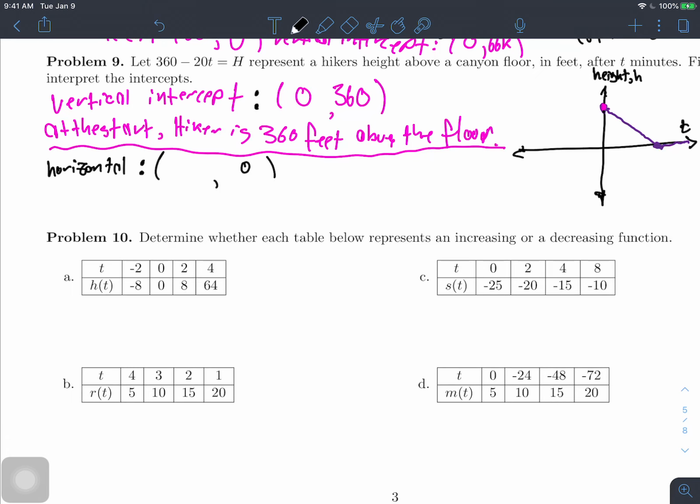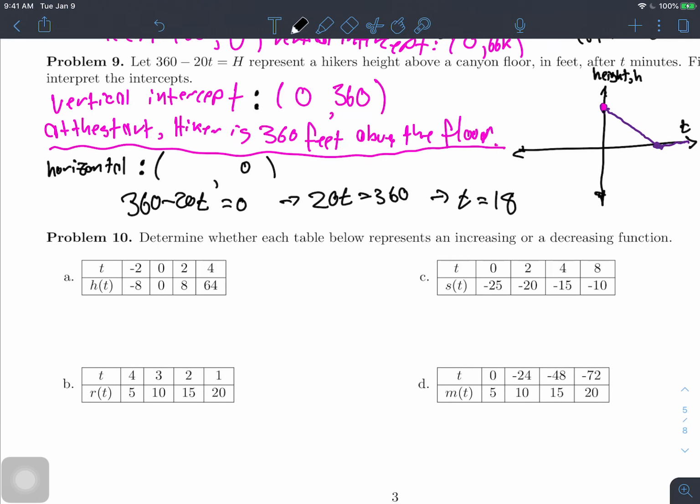So let's go ahead and solve that in terms of 360 minus 20t equals h. If our height is equal to 0, that means that 360 minus 20t is equal to 0, and that means if we move the 20t over to the other side, we get 20t equals 360. Divide by 20 on both sides, that means that t should be equal to 18. Yes, 18. Okay, yeah, t should be 18.